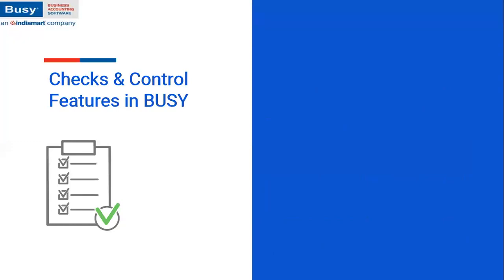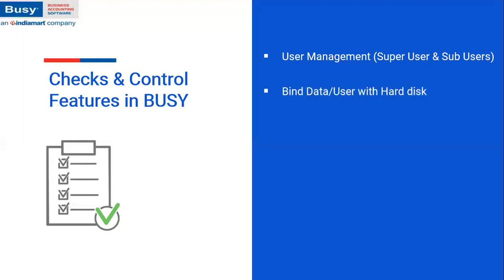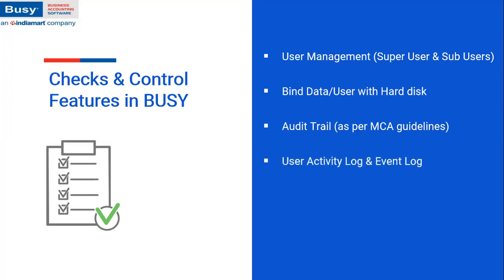The first feature is checks and user management, super user and sub users. Second option is bind data and user with hard disk. Third option is audit trail as per the MCA guidelines. Fourth option is user activity log and event log.